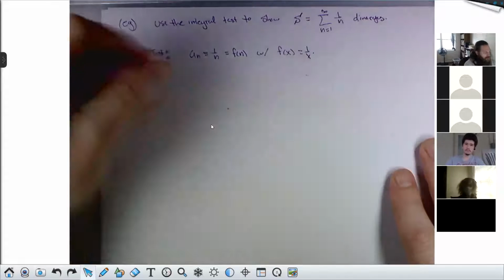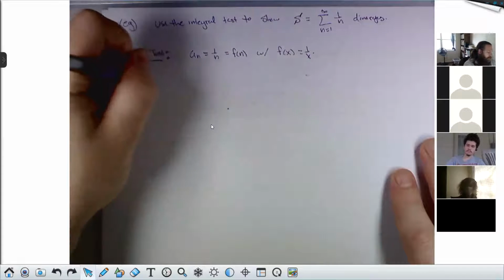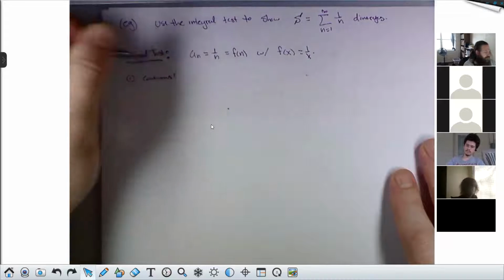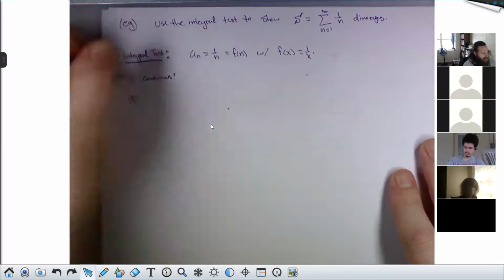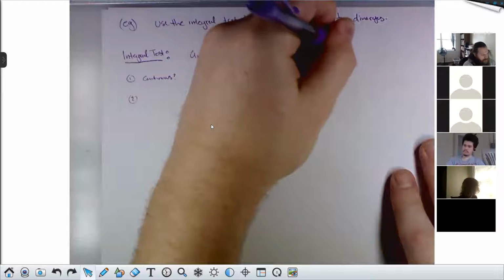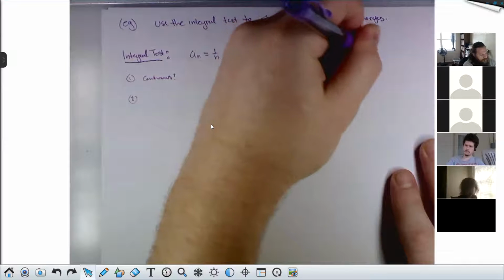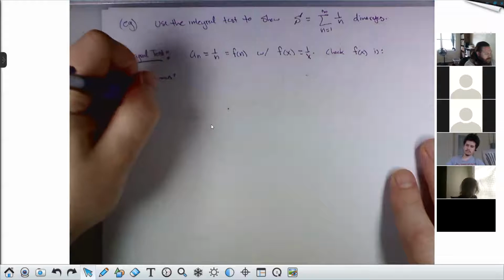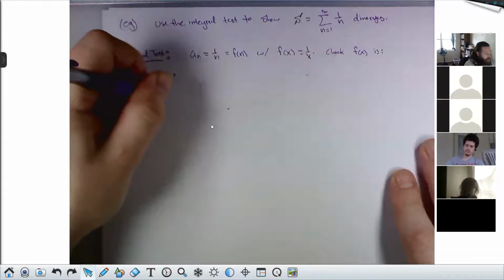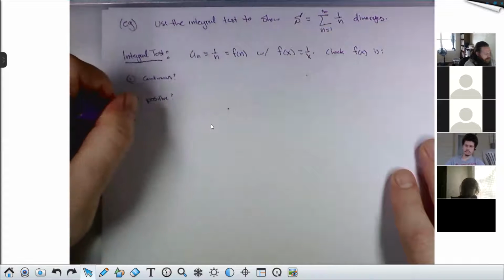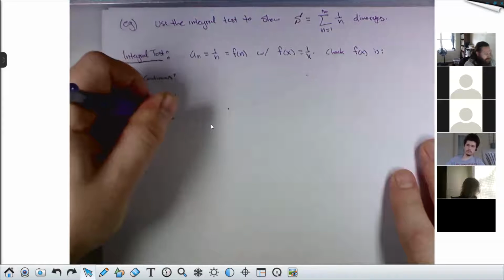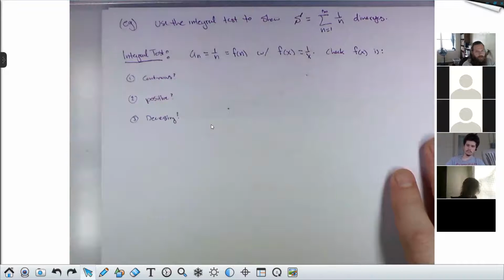Then we have to check. Is this continuous? So check, f of x is the following: continuous, positive, and decreasing. Now we should pay attention.